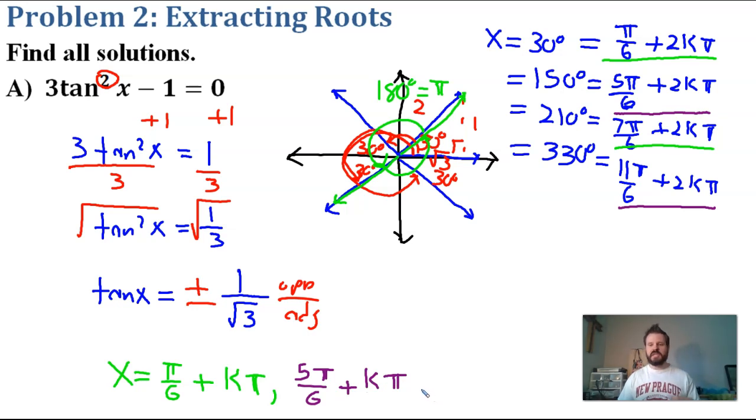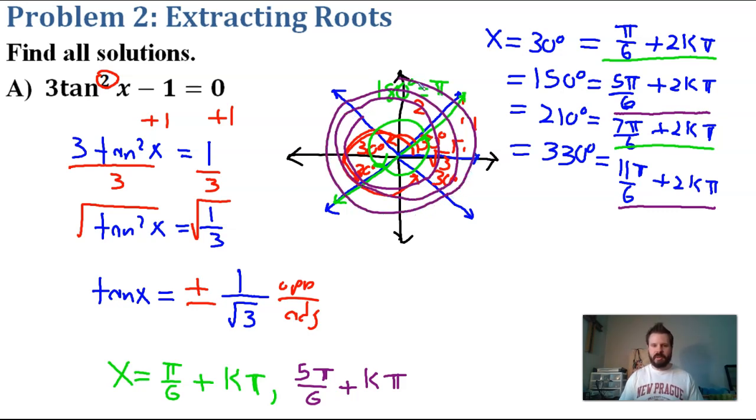I suppose I also could use the 11 pi over 6 plus k pi, same difference. But again, anytime I start with 5 pi over 6 and add a half rotation to it, I'm going to keep bouncing back and forth between these two solutions. Is my picture messy enough here? I think so.